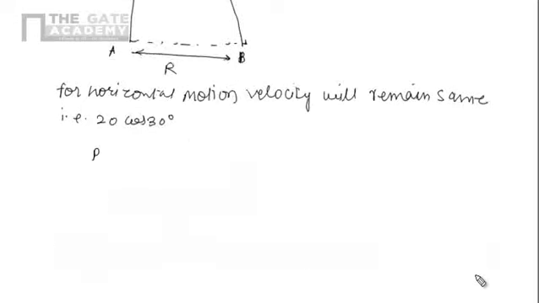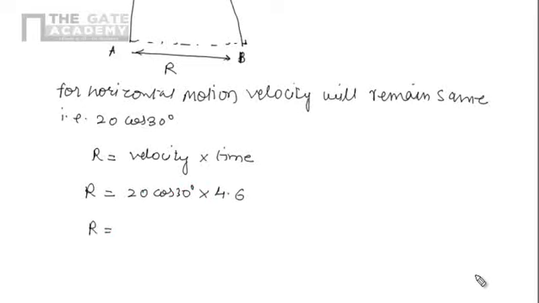So for range R, you can write velocity into time. For horizontal direction we are having 20 cos 30, time we have already calculated, 4.6. So R will be 20 into cos 30, root 3 by 2, into 4.6. So we will get 79.67 meters. In this way, we can calculate the range, the distance AB, that is 79.67.